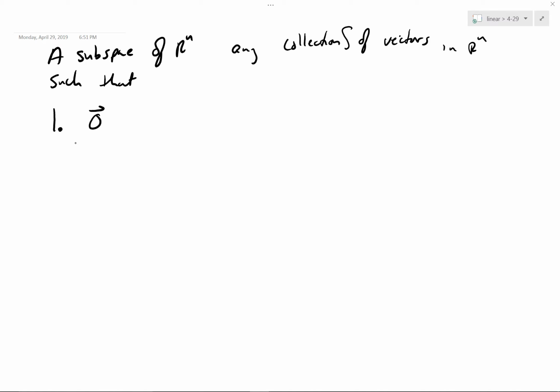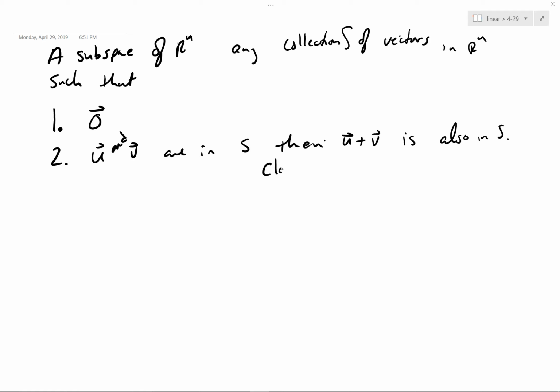If U and V are in S, then U plus V must also be in S. What the big kids say is that it's closed under addition.